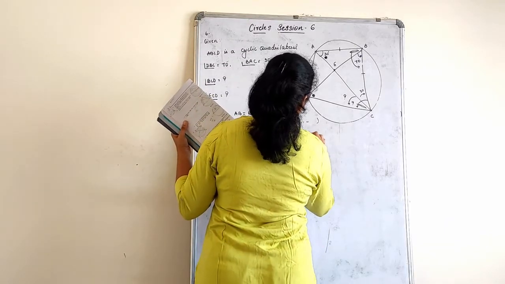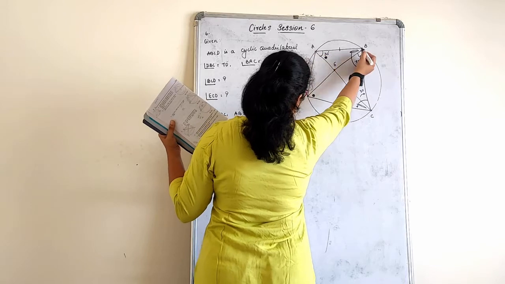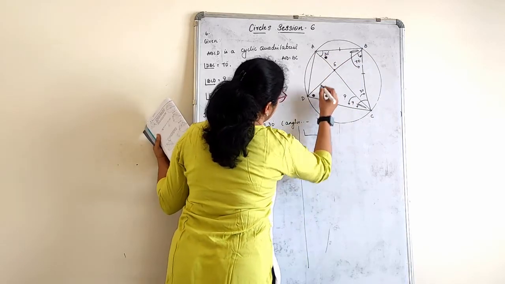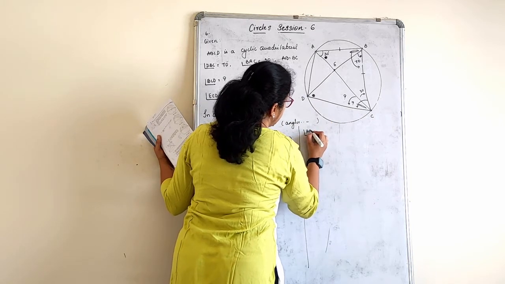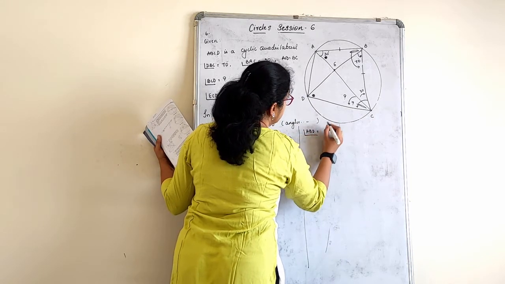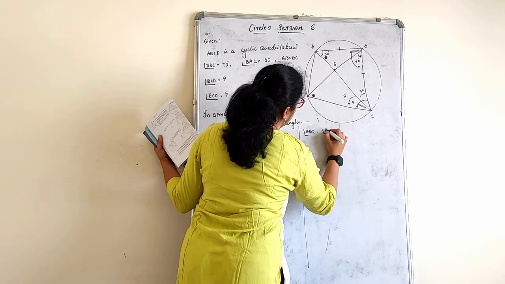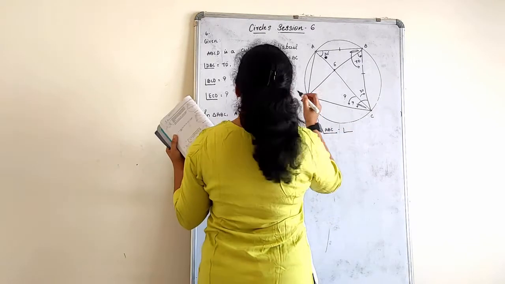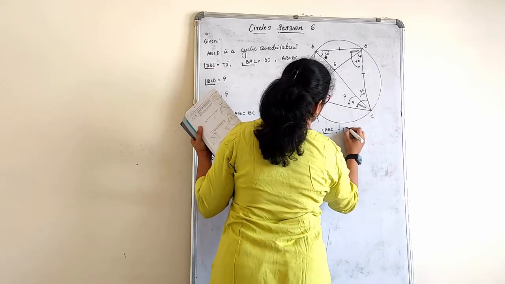So, angle ABE you want to take? Okay. Angle ABD we consider. Angle ABD is equal to whole angle ABC minus angle DBC.